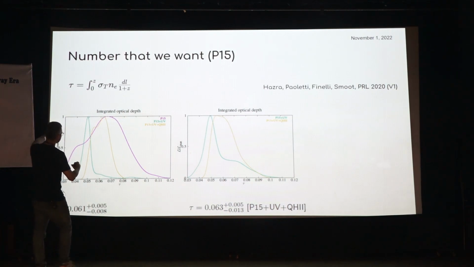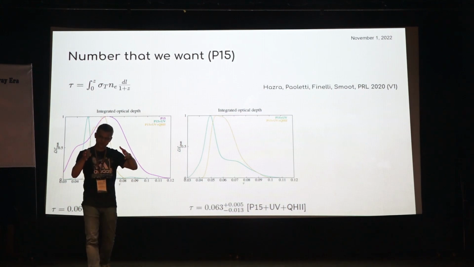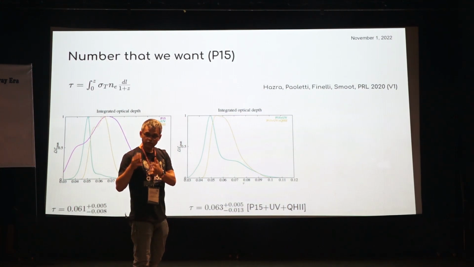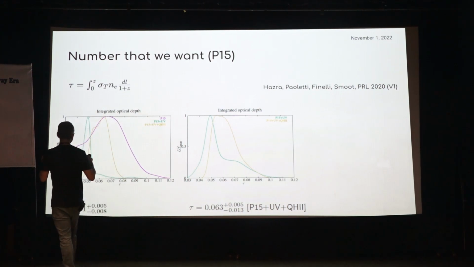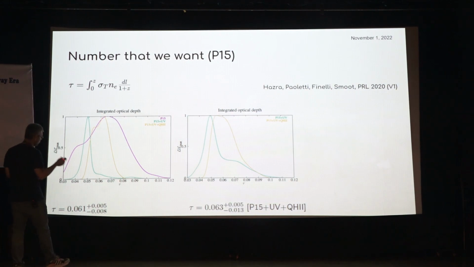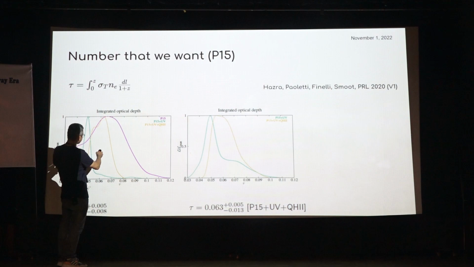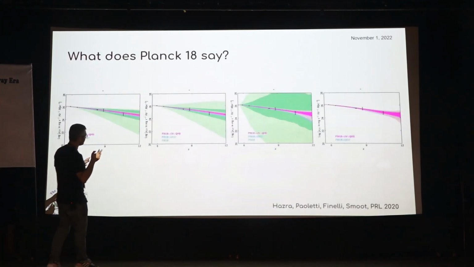Again, there was the Ishigaki et al. 2015 paper, they said that the Planck constraints are in tension with the UV luminosity data that they are finding. But that interpretation is also dependent on the model that you use. If you use a freeform model, of course the error bar increases, but you find that even with a lower parameter model there is a consistency, but it is not as good as with Planck 18.